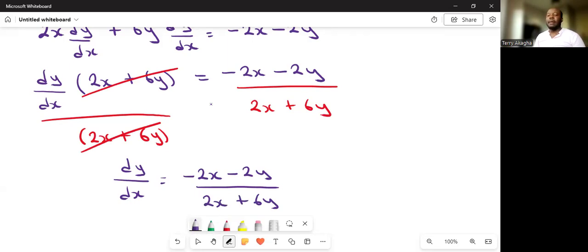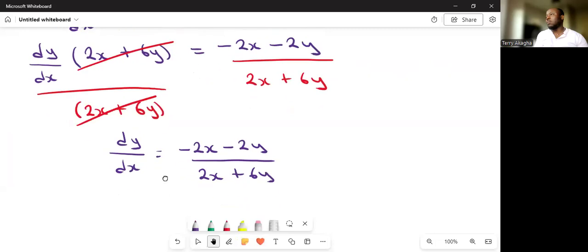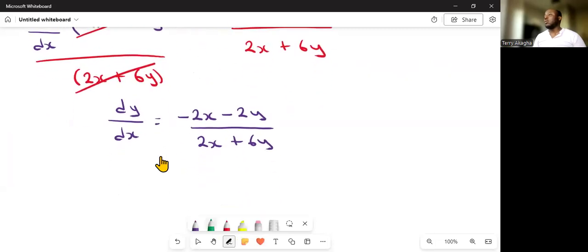Sometimes, personally, I prefer to just leave the answer like this, but in some cases, in some exams, you might be required to take it a step further to simplify, okay? So if the question wanted you to simplify, then you can do the extra step, okay? If they ask you to simplify. So what is common here? The common factor here is 2.